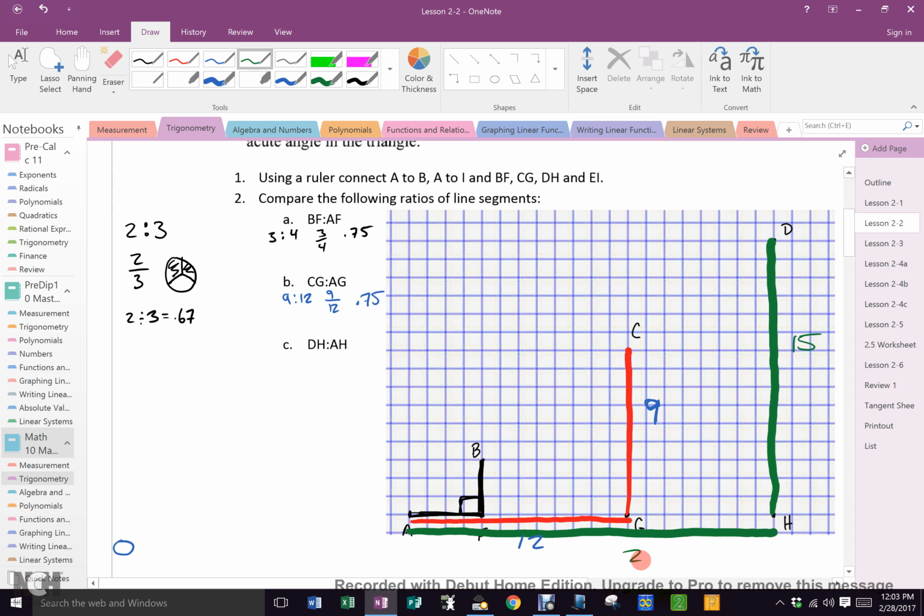It's 20. From the A dot out to the H dot: 1, 2, 3, 4, 5, 6, 7, 8, 9, 10, 11, 12, 13, 14, 15, 16, 17, 18, 19, 20. So that is 15 to 20, which is 15 over 20, which is, guess what again?